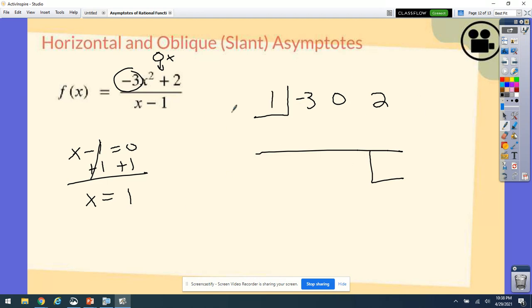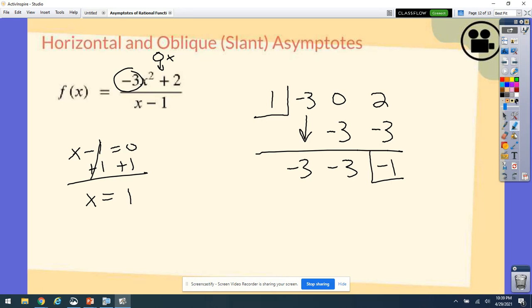So let's go ahead and do our synthetic division. I don't need the remainder for this, but I just need the equation that I get in this little section to figure out the equation of the slant. So let's start. -3. 1 times -3, I'll bring that up here as a -3. 0 minus 3 is also -3. 1 times another -3, and I put it here, so 2 minus 3 would be -1.